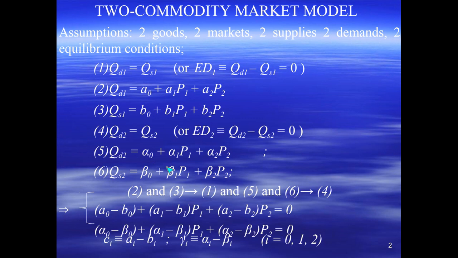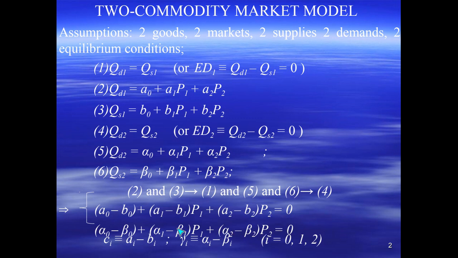So we reduce this system of six simultaneous equations to a system of two reduced equations. You see, only in prices. If these two equations are independent, then we can solve for the equilibrium prices P1 and P2, of course.